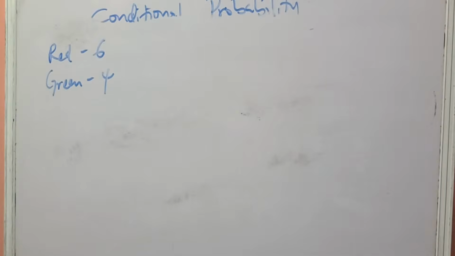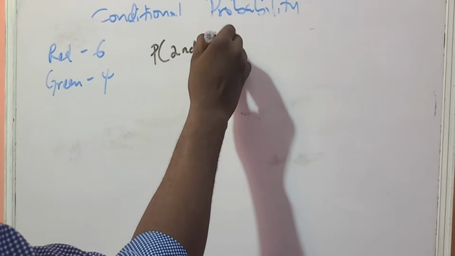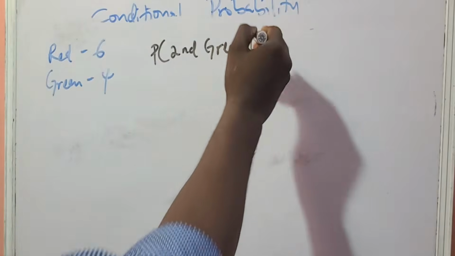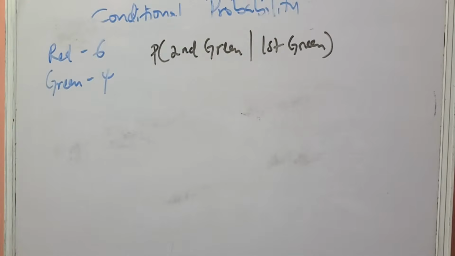So 2 are drawn. The question says, what's the probability that the second is green, given that the first was green?